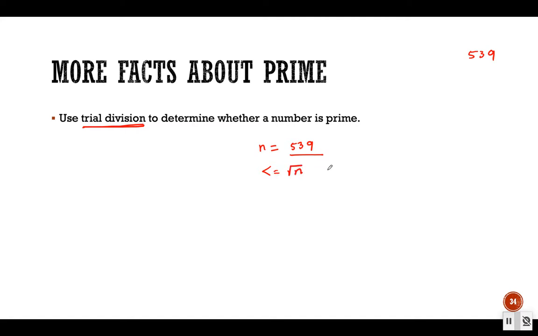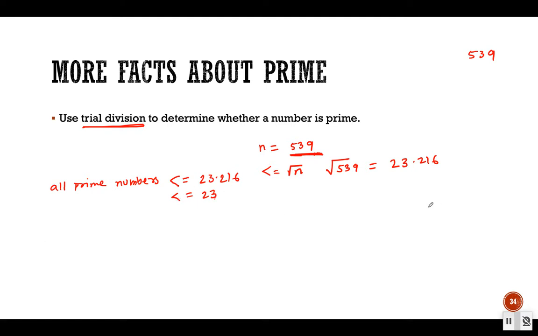The square root of 539 is about 23.216. So to determine whether n is a prime number or not, we are going to consider all prime numbers less than or equal to 23.216, that is, less than or equal to 23. That's the list of numbers we are going to check, to see whether it has a prime divisor less than or equal to 23.